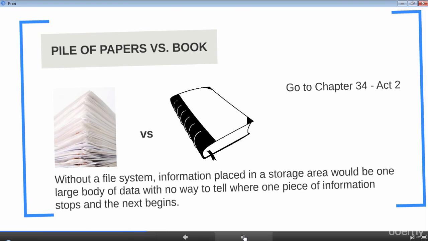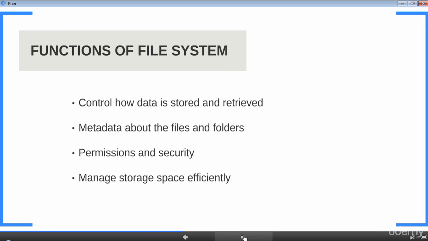Here are some of the major functions of a file system. File system controls how the data is stored and retrieved. Basically, when you read and write files to your hard disk, your request goes through a file system. Next, file system has the metadata about your files and folders.